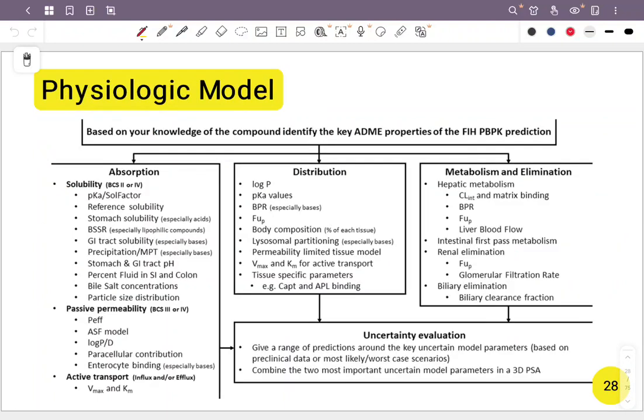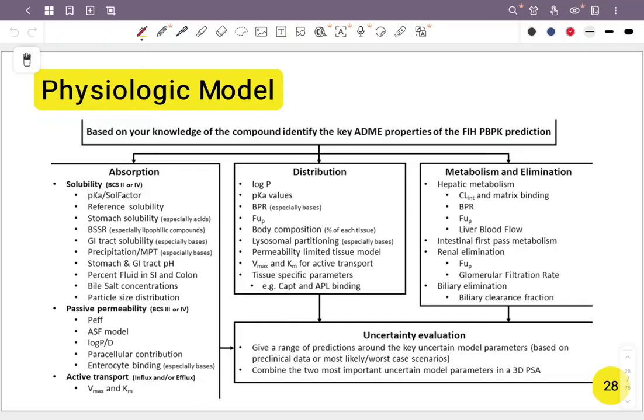Then, for physiologic naman na model, these models are more complex and based on actual anatomy and physiology, and they consider organ sizes, blood flow, and tissue composition. And these are used to predict drug distribution and clearance in various organs and are particularly useful in drug development and interspecies scaling.